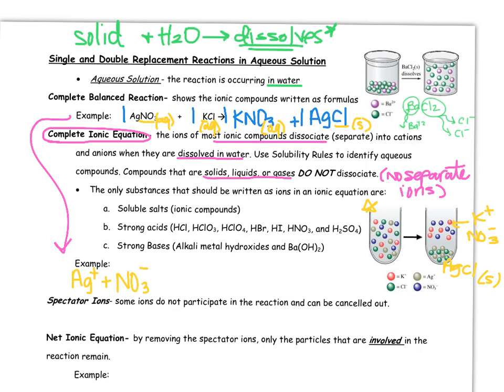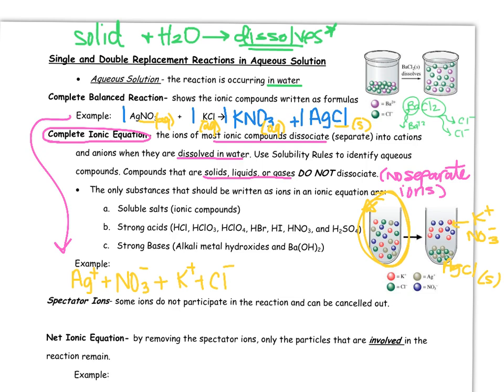Notice I'm separating each ion with a plus because now they're floating around in the water. It's the only time you can ever write them as ions, when they're in water. And then I have K plus separated from Cl minus.